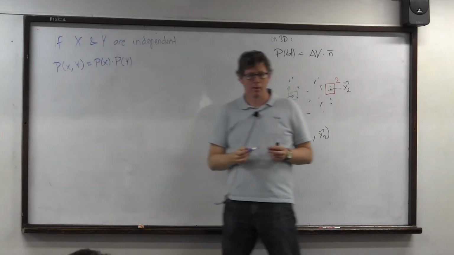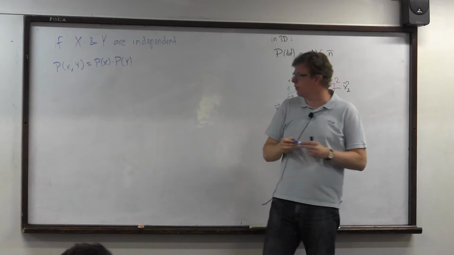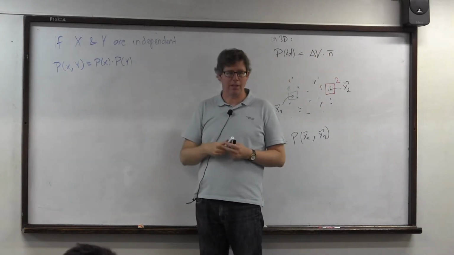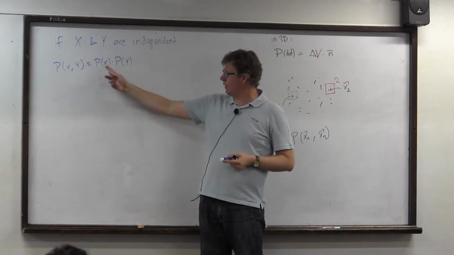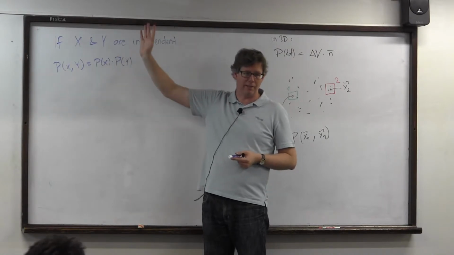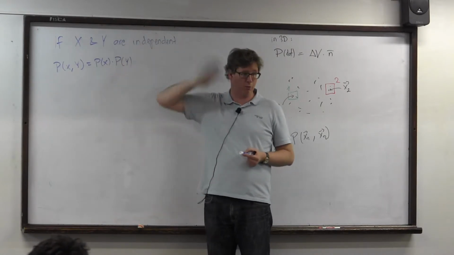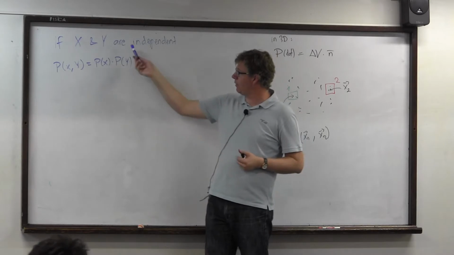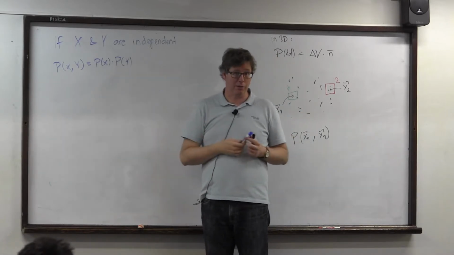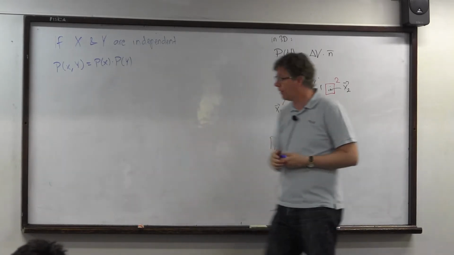That's independence. They don't have anything to do with each other. You can see that from the equation: the value of x can be anything and doesn't care about the value of y. So this is the definition of independence in probability theory.